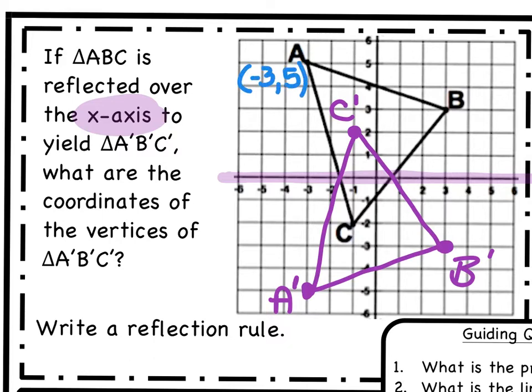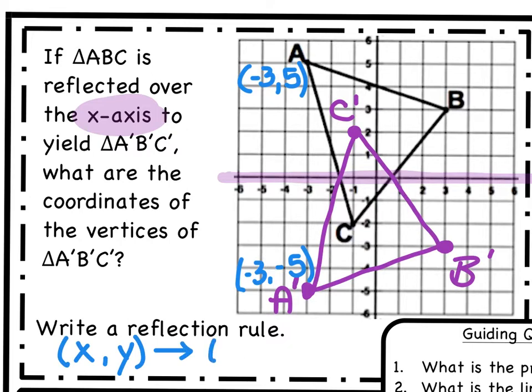The coordinates of A prime, which is down at the bottom, are (-3, -5). What we're looking at is the relationship between the coordinates of the original and the coordinates of the new one. So when we start to write our reflection rule, just like yesterday, it's every (x, y) is transformed to some new value.